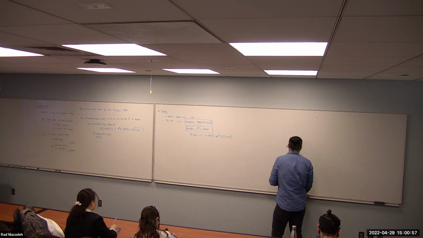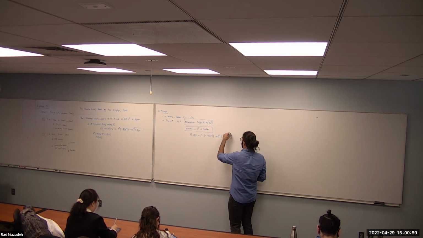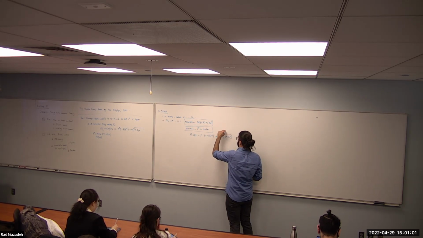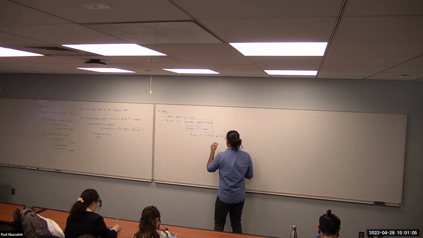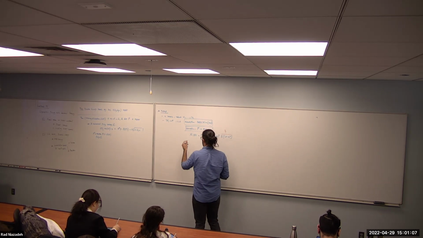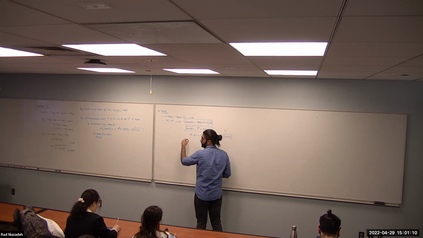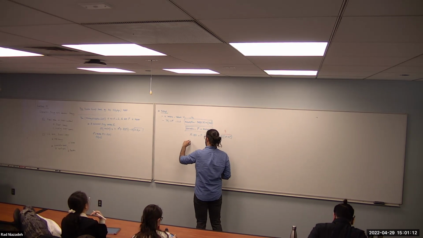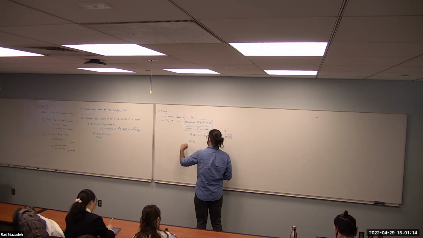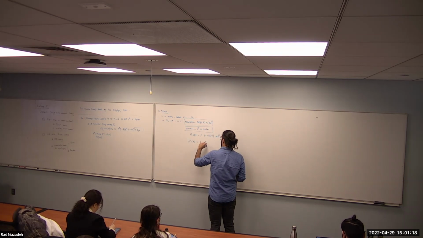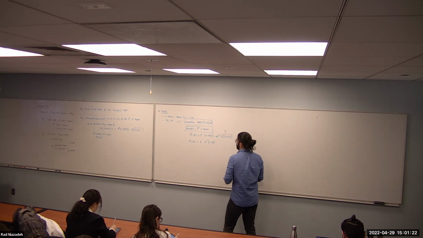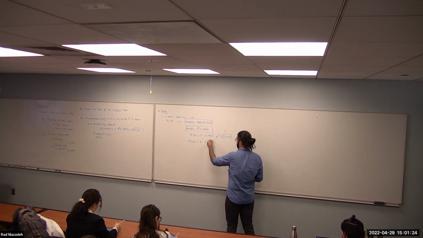Now, if I call this quantity q, then with a little bit of abuse of notation, R of q would be equal to q times F inverse of 1 minus q. This is basically the p.